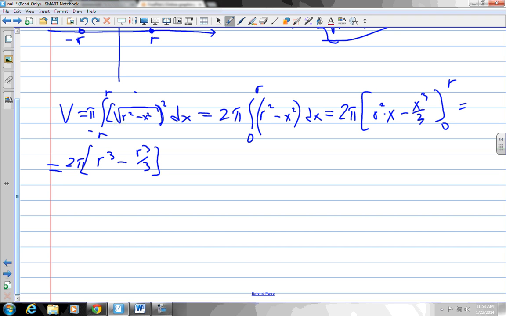John, is that right? Well, what? That's r squared x, and I'm just integrating. So that just gains an x, and this is just x cubed over 3, right? Because r is a constant. Okay, so I think we're done, right? It's 2 pi times 2r cubed over 3. Is that right?